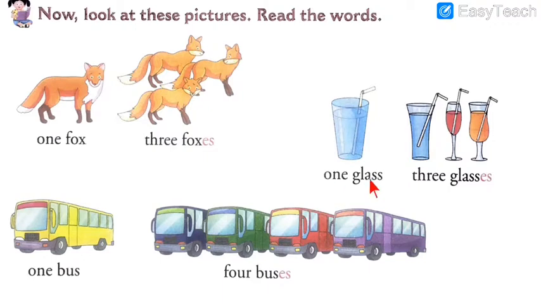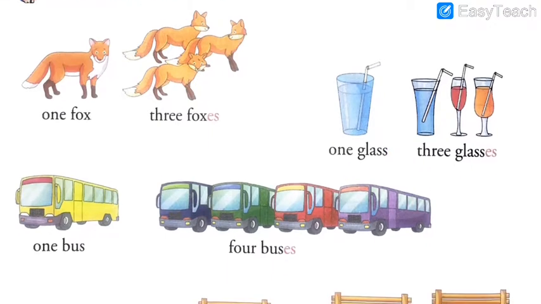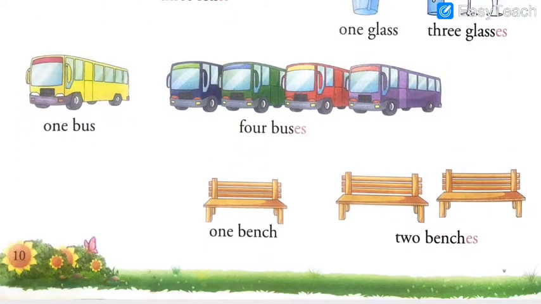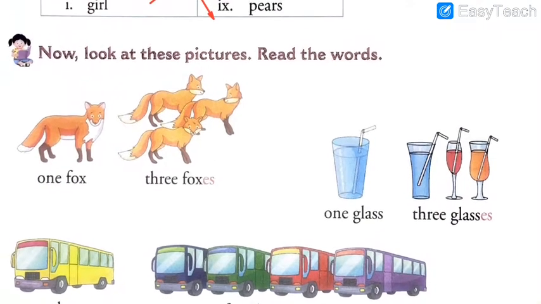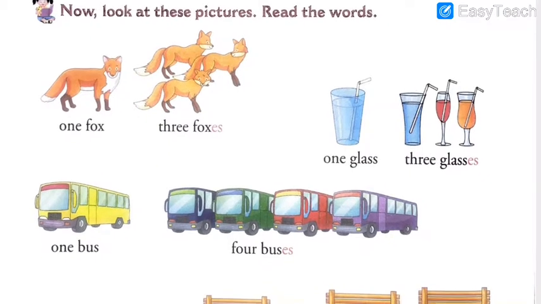Okay. One glass, three glasses. Okay. Then one bus, four buses. One bench, two benches. So, what can you observe, children? Can you observe something?